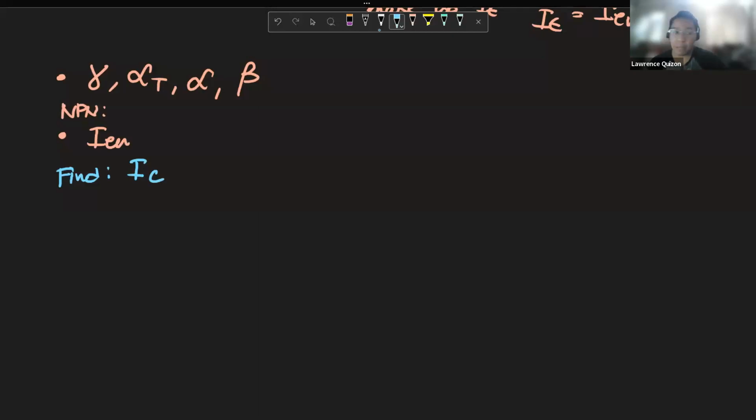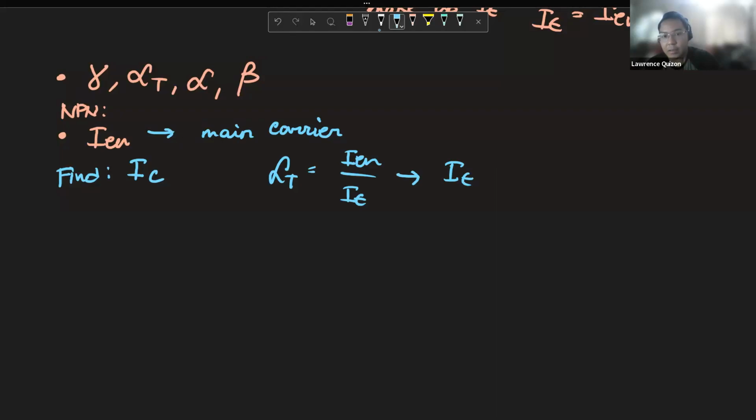Just from the performance parameters, we immediately know what IC is. IEN gives us the main carrier, which means that gamma is equal to IEN over IE. Or in other words, IE is equal to IEN over gamma. Or rather, mali, that's gamma.